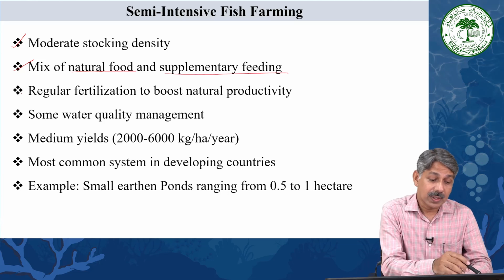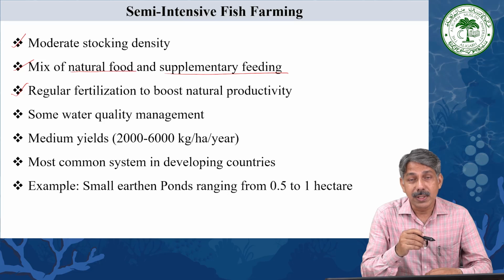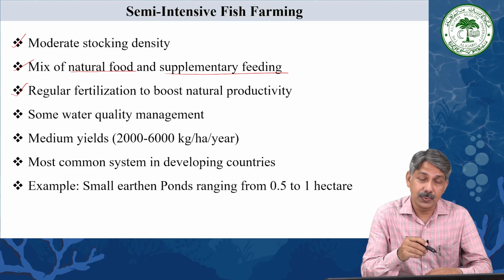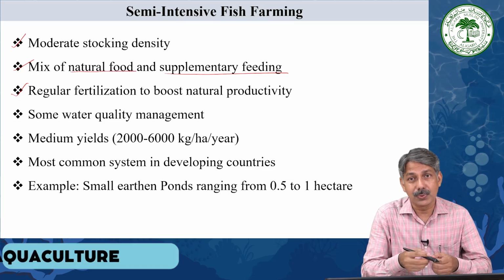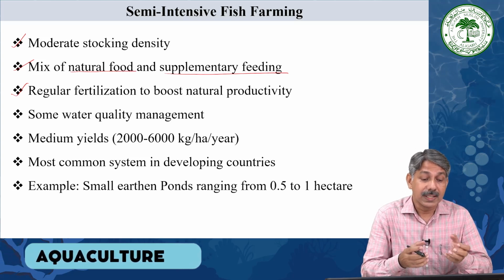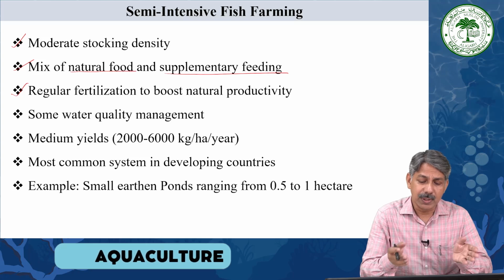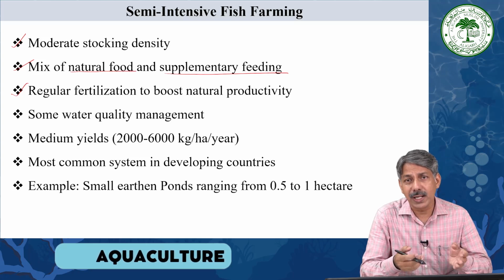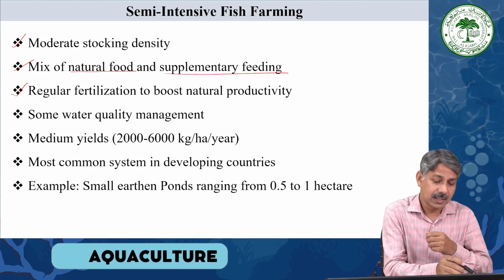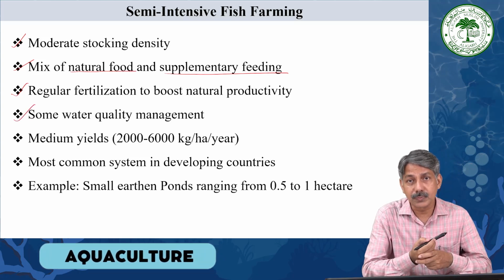Since the semi-intensive system utilizes natural food, to produce natural food and increase the productivity of the pond, we need nutrients, especially for primary productivity. So we may use organic manures and fertilizers for that. Water quality is managed to a certain extent.